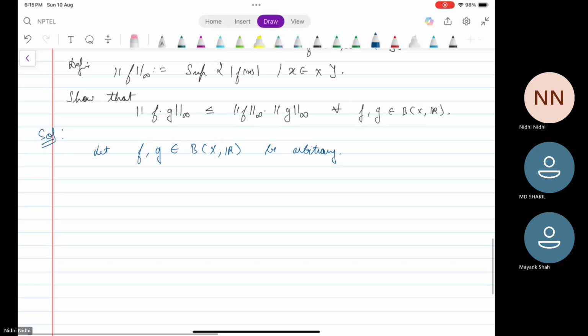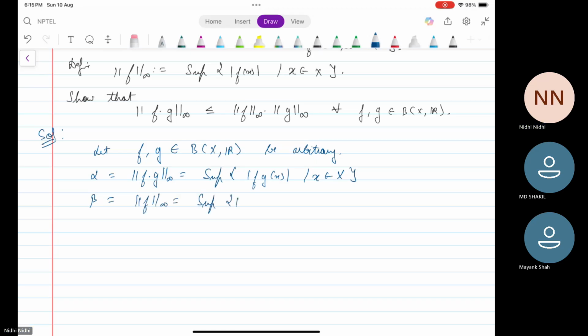Then let's denote alpha to be the norm of fg, which is by definition the supremum of mod fg(x), x belonging to X. Beta to be the norm of f, the supremum of mod f(x), x belonging to X, and gamma to be the sup norm of g.